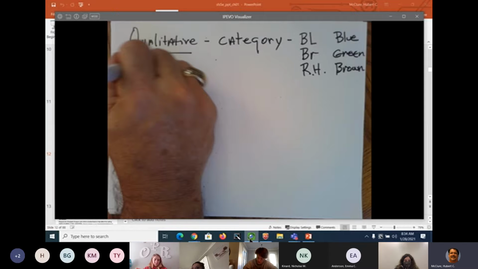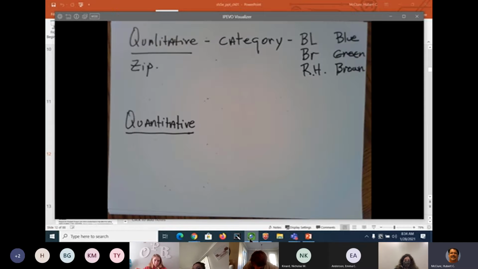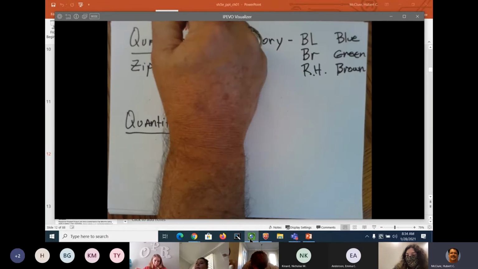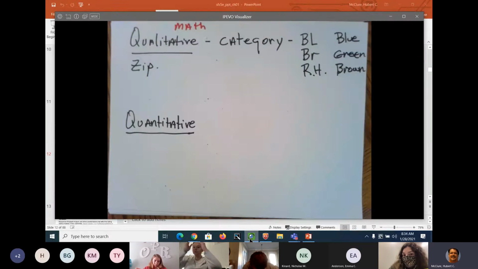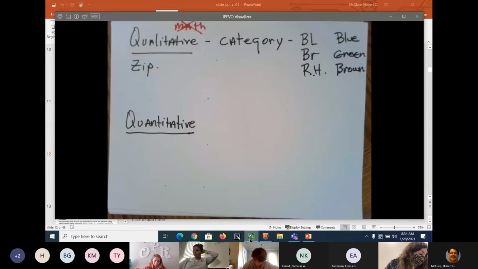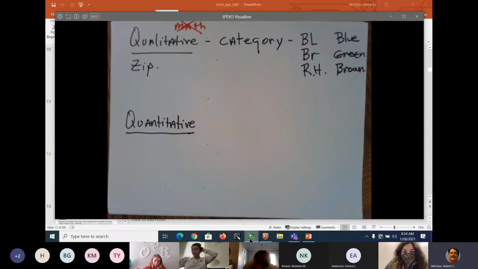So I want you to put in red, so I'm going to get my red marker out, that means it's telling you this is important. I want you to put the word math with qualitative, and I want you to put a big X through it, because qualitative data means data that has no mathematical meaning.